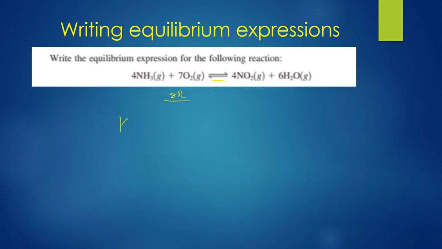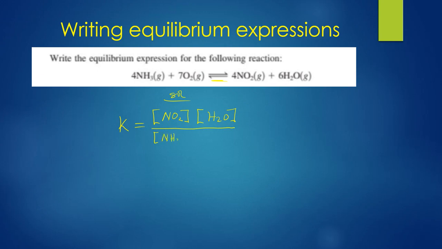So this K, that's the equilibrium constant, is equal to, we're going to write the concentrations of the products. So we are having nitrogen dioxide, and then we are having water, over the equilibrium concentrations of the reactants.